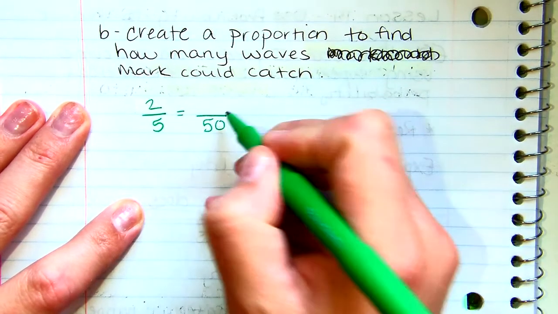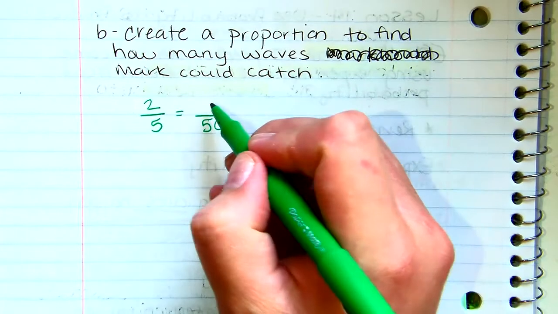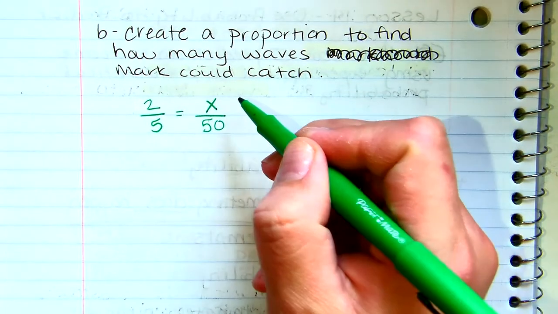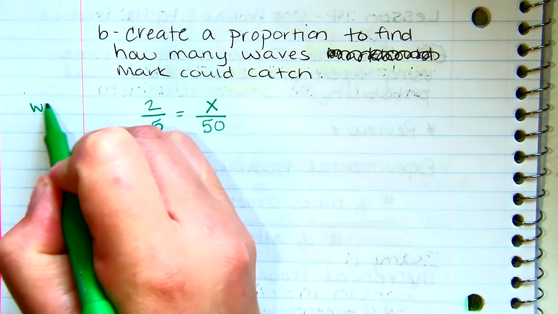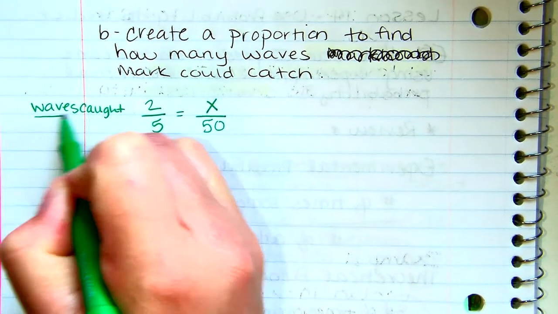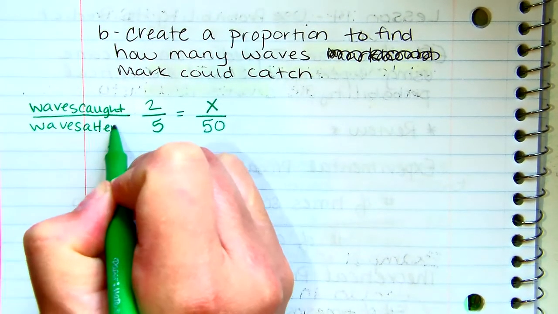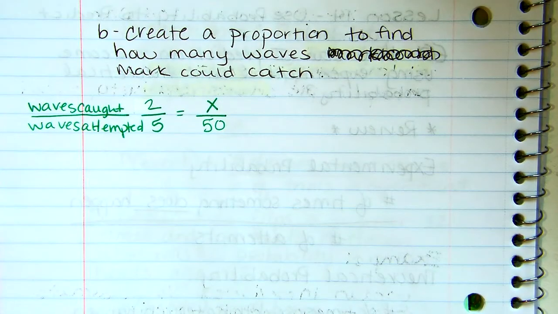And we want to know how many waves he could catch if it was the same number as Sarah. So when we're setting this up, this is waves caught over waves attempted. Okay? So our waves caught over waves attempted.